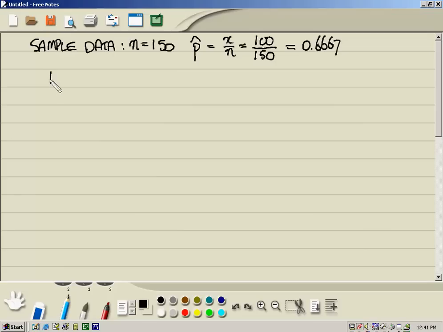Second step is hypotheses. The null hypothesis will be that the true proportion is equal to, in this case again, a believed value. It doesn't always have to be a belief. So just like the last problem, p is a true value, and that equals 0.75, which is the belief.